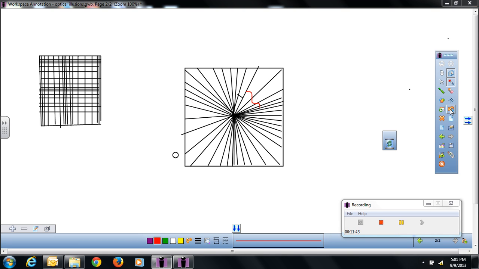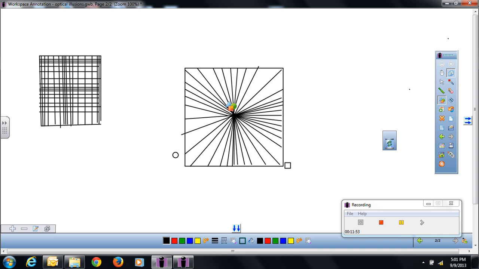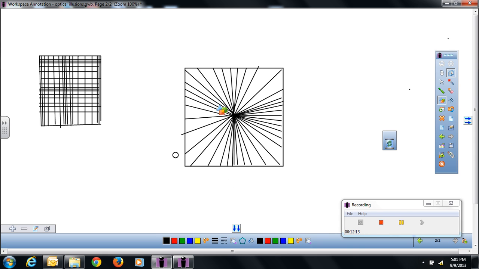Some other things you can do. You can make some concentric squares. Over top. You can make concentric circles, or even octagons. It's just important that you close that shape.